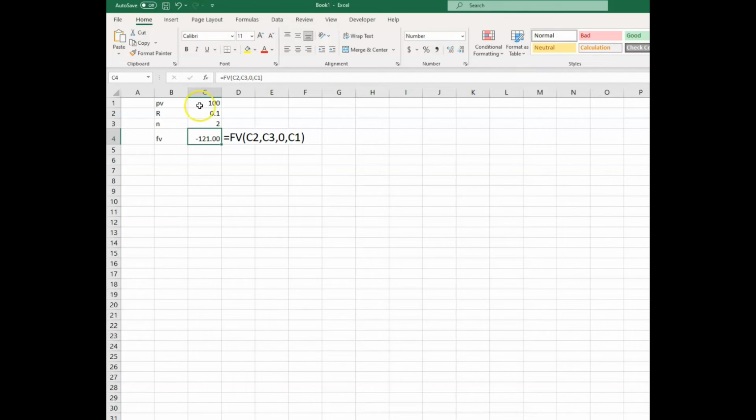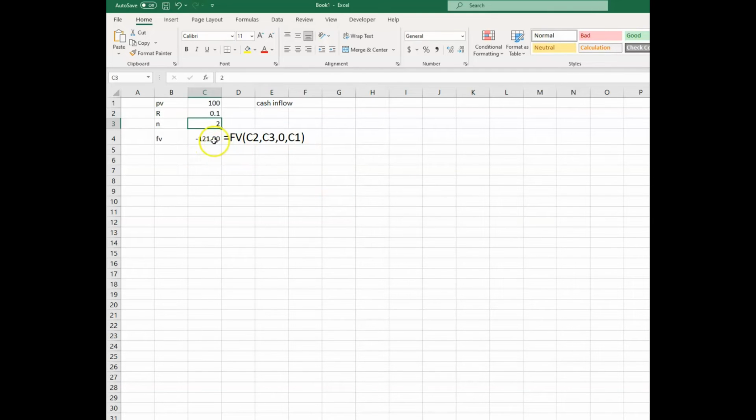Suppose we use the accounting approach. If we borrow $100 today, this is a cash inflow, so it is positive. If the annual interest rate is 10% for 2 years, at the end of the second year we have to pay $121.